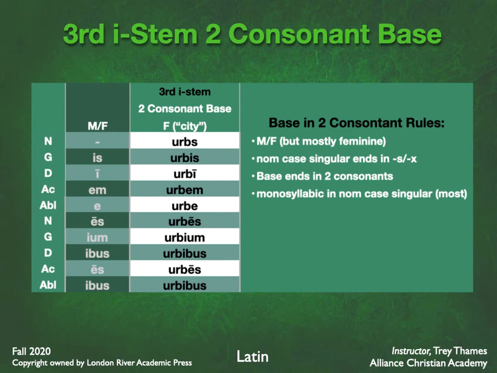That means it fits the category here. And then it has to be monosyllabic in the nominative case singular. Most often it's monosyllabic. So urbs has just one syllable. So it fits all those characteristics. So if that's the case, then you know this is a third declension I stem. And again, you use the third declension I stem endings.